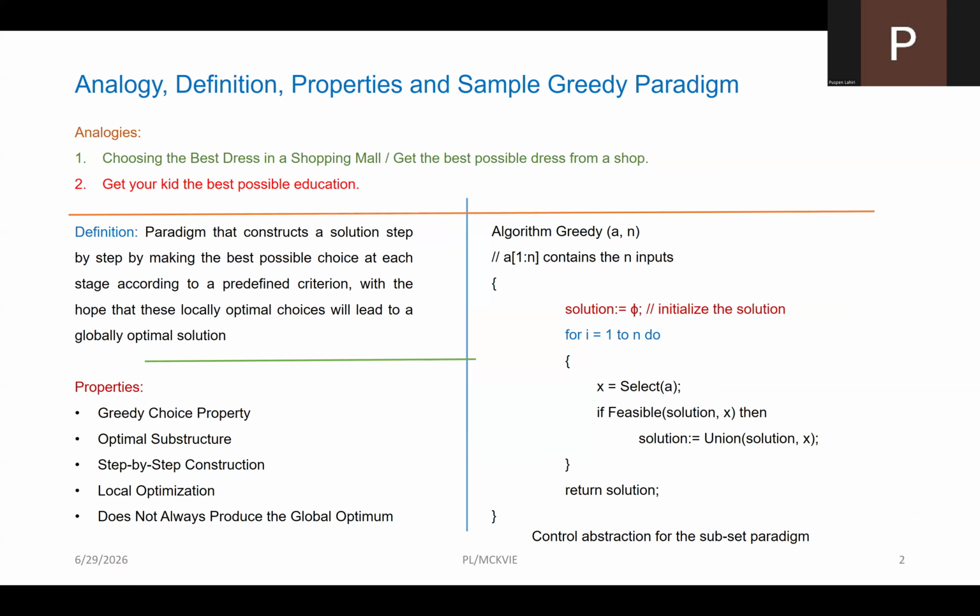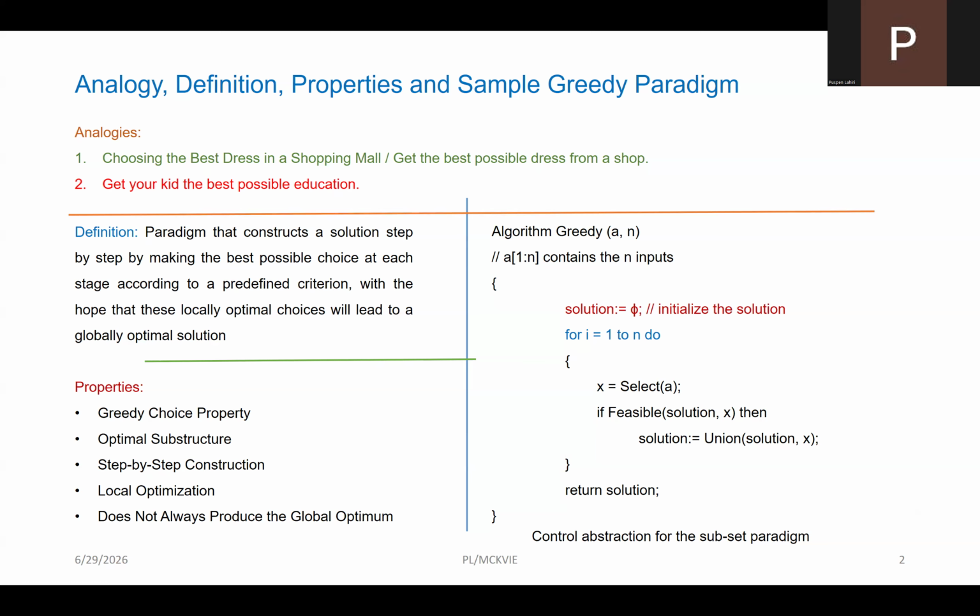Here you will find that there is a structure given. In general, it is called a greedy structure. The algorithm is termed Greedy, which reflects the subset paradigm. Here we have taken two arguments: one is an array A, and the other is n, the number of inputs present in it.